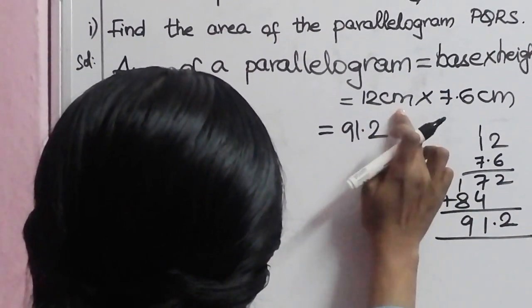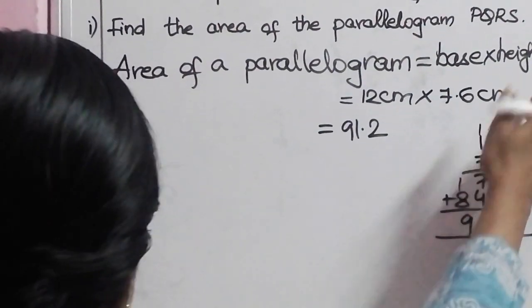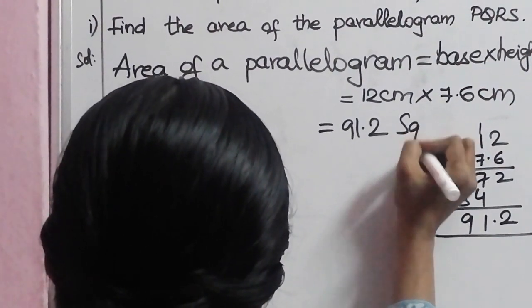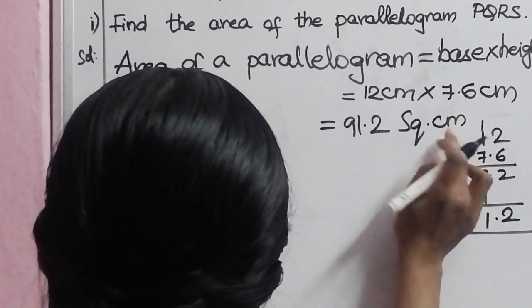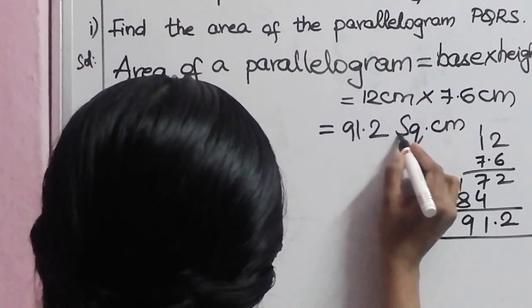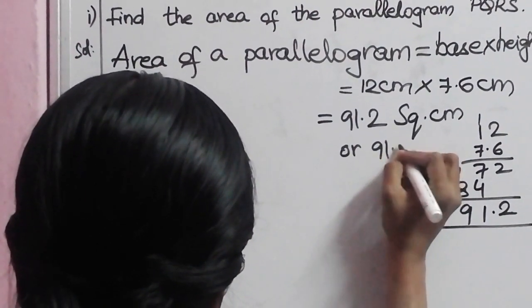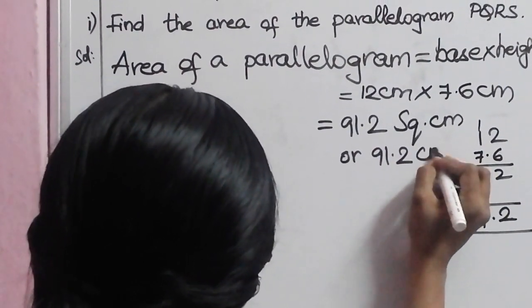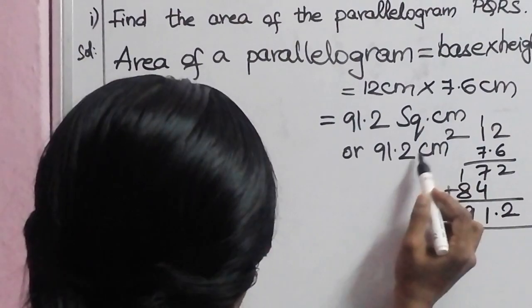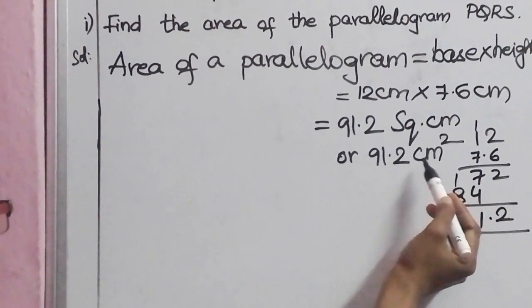91.2 centimeter into centimeter is square centimeter. Yesterday we were not writing SQ. SQ is square, or you can even write this as 91.2 square centimeter. You can read it as centimeter square or square centimeter.